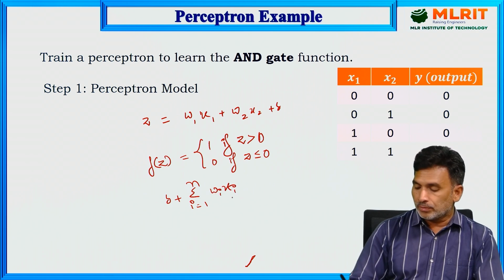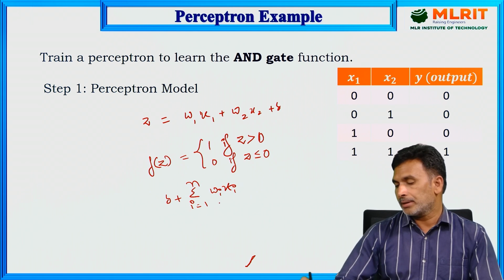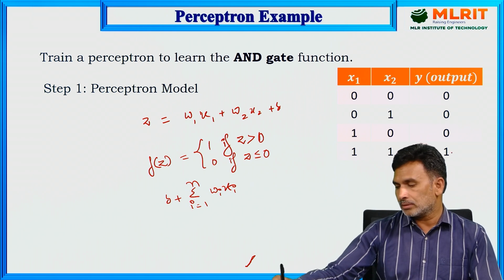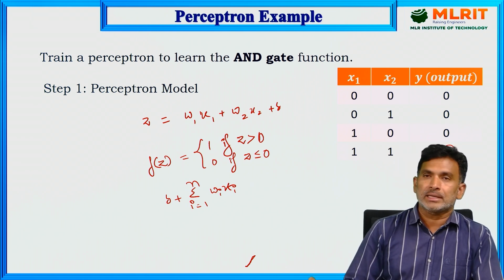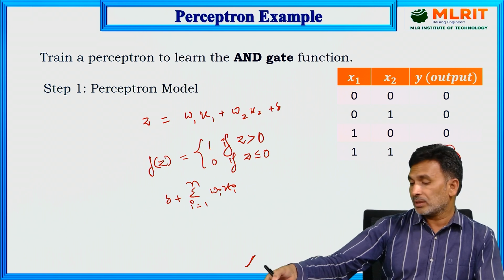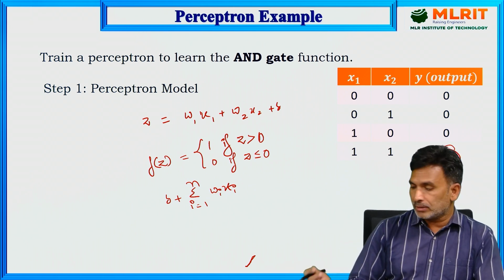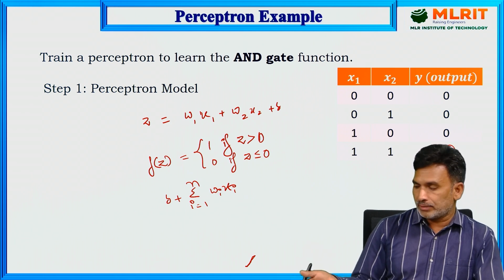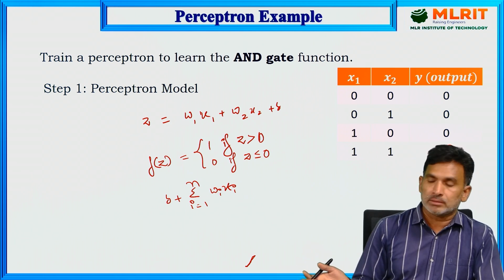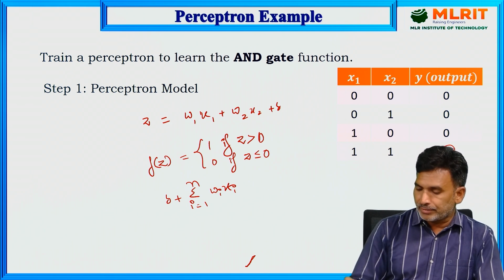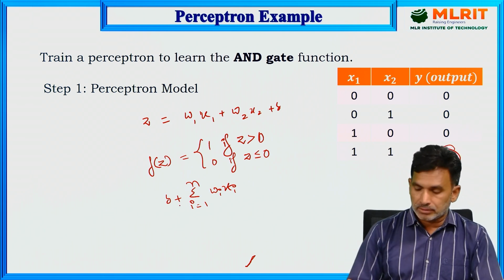This is the way we are going to calculate. The total should be greater than 0. In the AND gate truth table, the output is 1 only when both inputs x1 and x2 are 1. In all the remaining cases it has to produce 0. To match that, we have to define the nonlinear activation function in such a way.